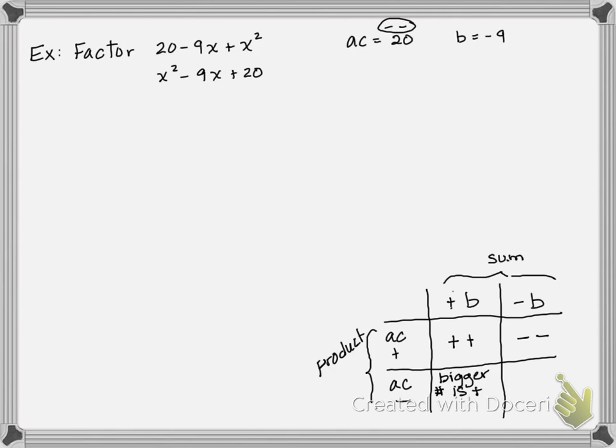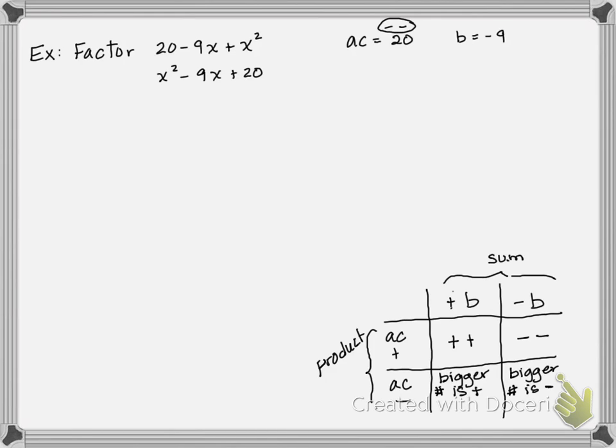Like if you have a 7 and a 5, and you want one to be negative and you want them to add to a positive, the 5 has to be negative so that the positive outweighs it. And then if they add to a negative, then the bigger number has to be negative so that the negative outweighs the positive when you add them.